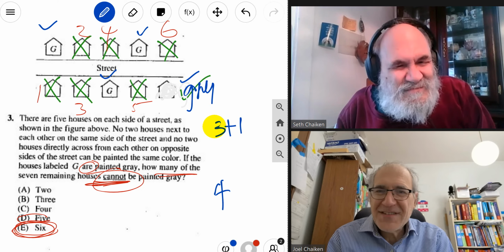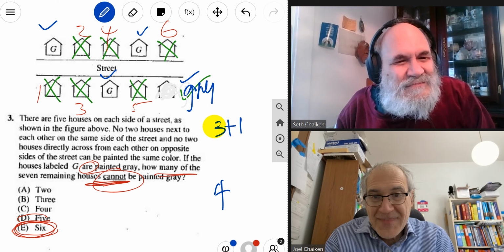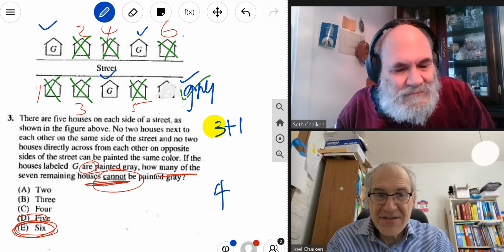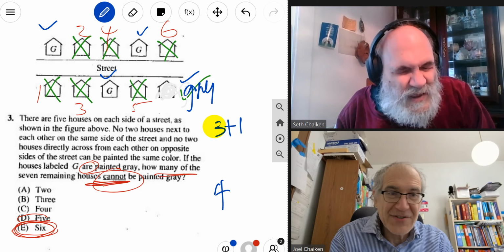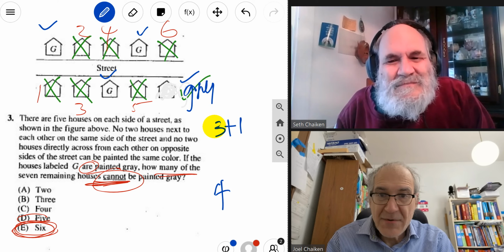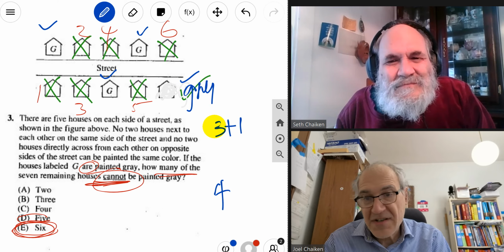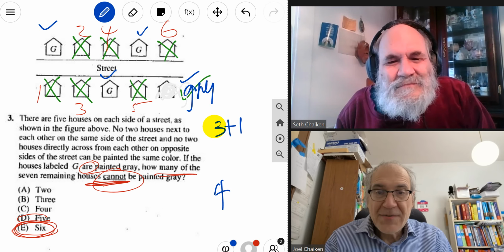This type of question would not appear on a post-2016 test. There's more reasoning than anything in here. There's no advanced math, no algebra, no geometry. It's just reasoning. There were a bunch of these questions on the tests before 2016. They changed the tests. What they're going to do now, we don't know.